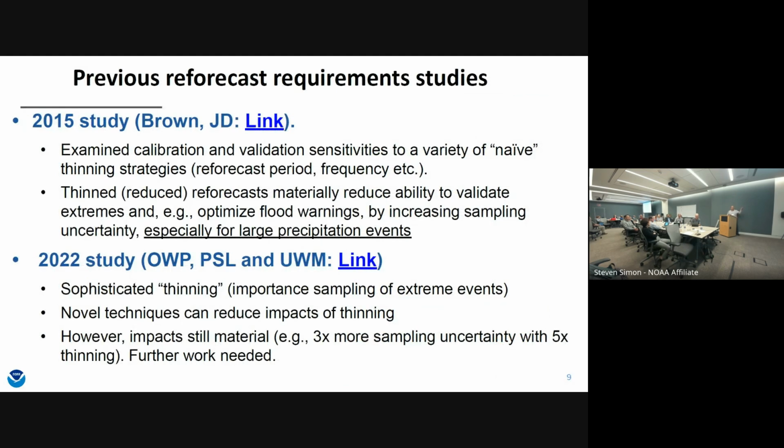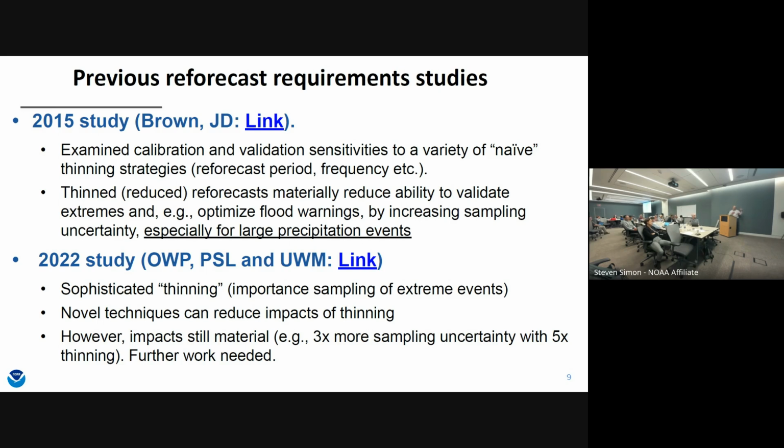So these are two studies that we did, which are the basis for our requirements. Basically, what we found in the first study was that in order to get stable metrics when we do validations, we need, in this case, 30 years of daily, especially when it comes to the more important sampling of extreme events.